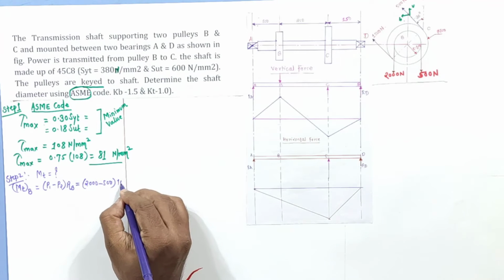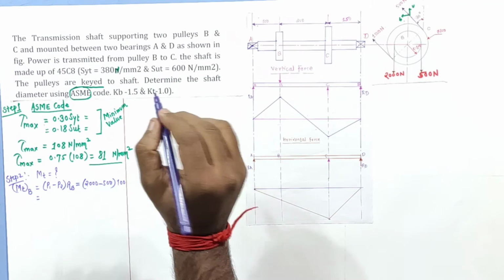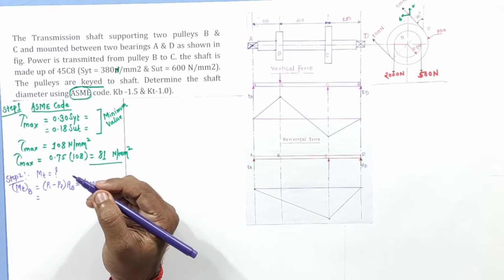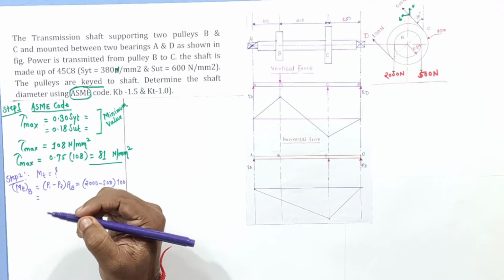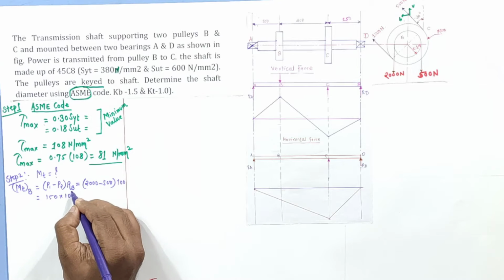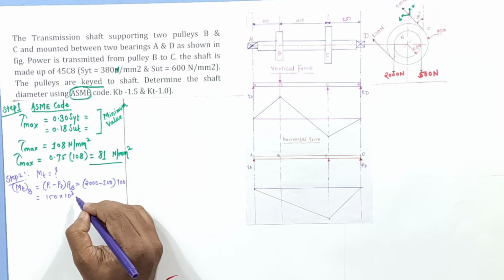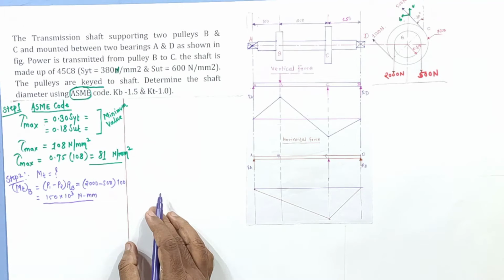So I'll multiply by 100 mm, through which I'll get the torsional moment occurring in pulley B, the smaller pulley. It will be 150 into 10 raised to 3 Newton mm, as we know. This will be the first part.